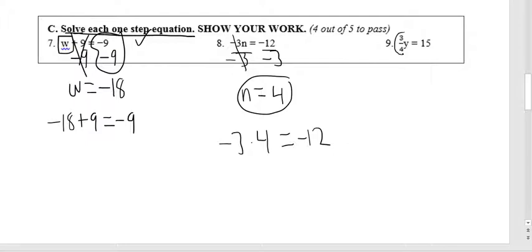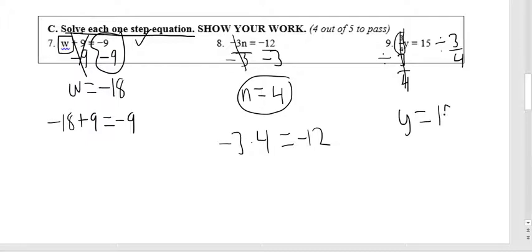Okay, the next one, question number 9. On this one, we have 3/4 right next to the y. So that means that this is 3/4 times y. In order to get rid of a multiplication, you're going to use division. So in order to get rid of the multiplication of 3/4, we're going to divide by 3/4, which means we have to do that on both sides. Okay, so 3/4 divided by 3/4 gives us a positive 1y.